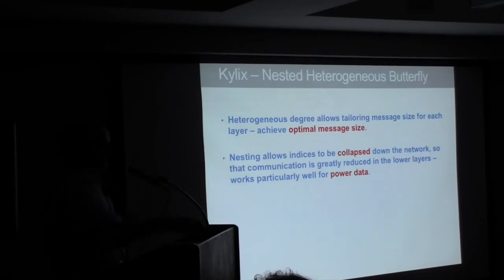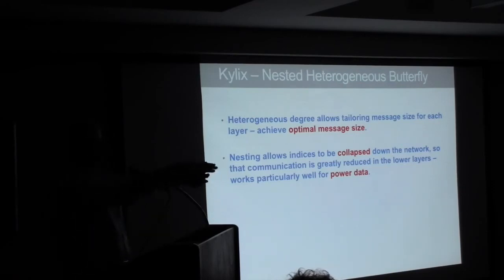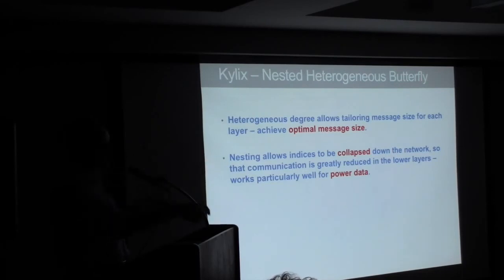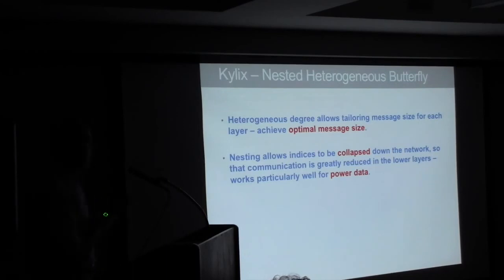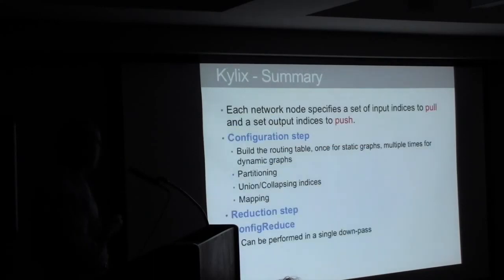With power law data, the vectors are packed very densely in the head, so you get a lot of collisions for the most frequent features. So when you add 2 sparse vectors, the result is significantly shorter than the total length of the 2 vectors. What that means is the network volume as you go down these Kylix networks is decreasing.